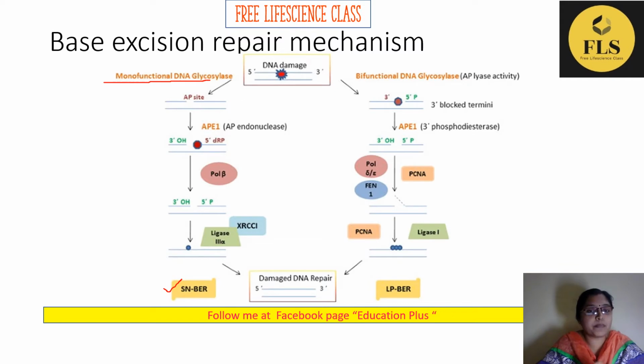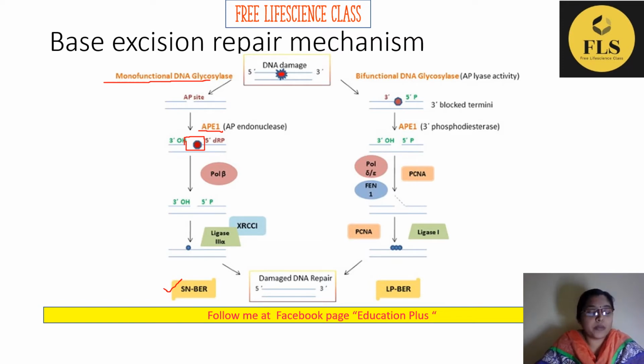After that a gap is formed. Then our endonuclease, here the name is APE1, will come and bind to this segment and cleave that portion. So this damaged portion is now exposed and it is removed.